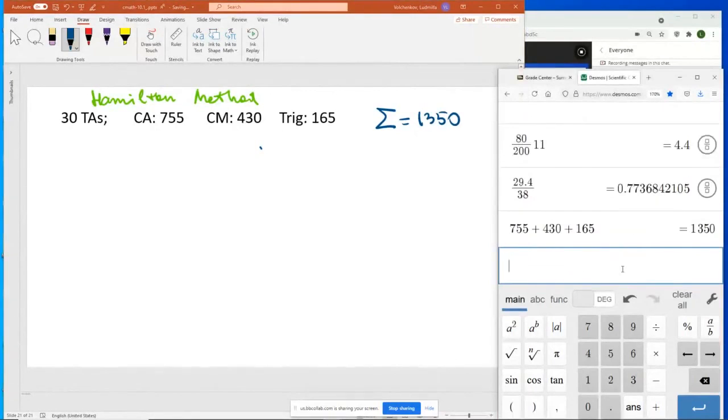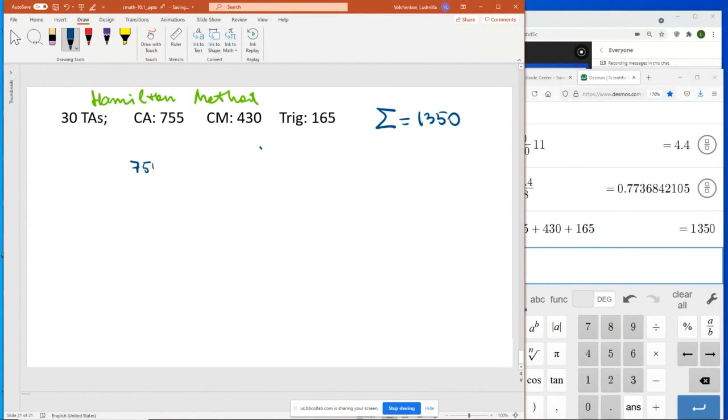Then we find the proportional part of each group. So 755 divided by 1350, 430 divided by 1350, and 165 divided by 1350. You can write this fraction, but you can directly multiply by the number of representatives to assign.